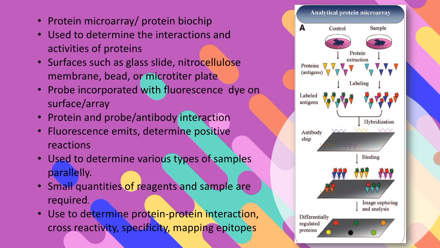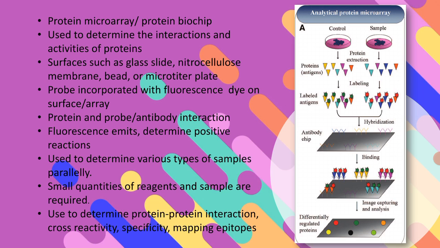So in this diagram, in this picture, you can see the control is present and the sample is present. Okay, now the proteins or the antigens, we will incorporate our sample on the biochip, right? The protein biochip is already incorporated with the probes, and the probes are already attached with the fluorescence.